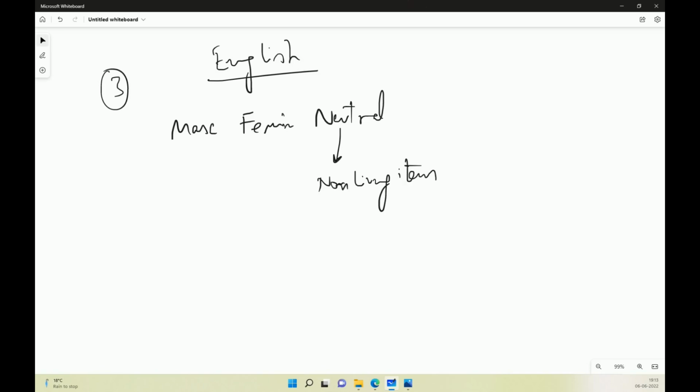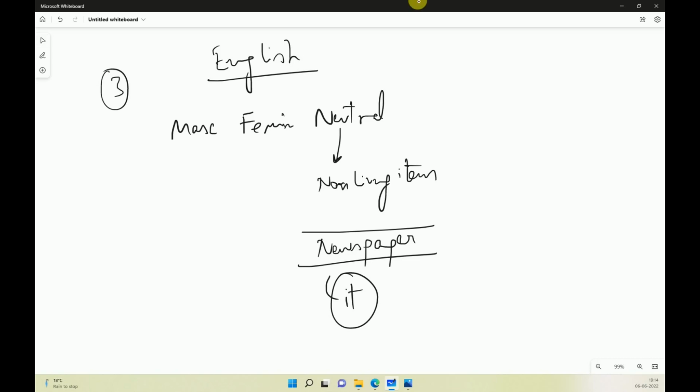So, for example, let's say newspaper. We call it neutral because we'll be using "it". Newspaper is lying on the ground. So we'll be saying it is lying on the ground. So we'll be using "it" to denote a neutral noun in English. For feminine, we normally use "she", and for masculine, we use "he". Right? This is a very common thing which everybody must be knowing.